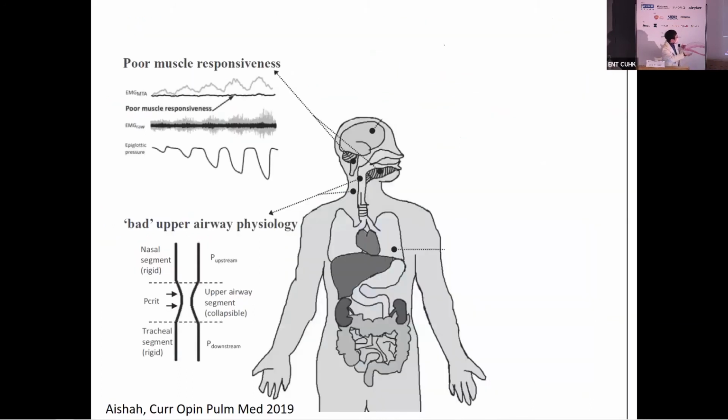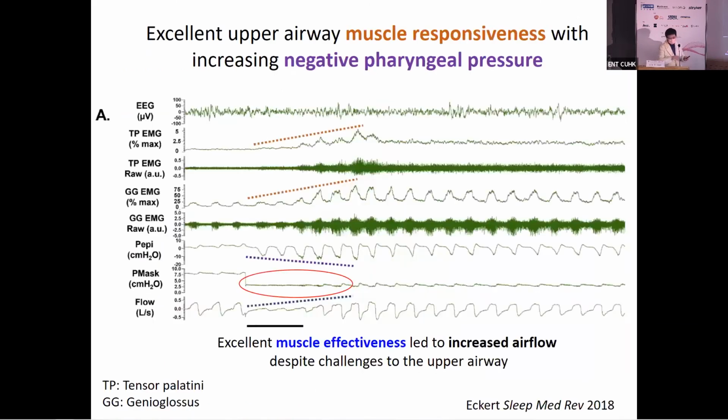So we talked about the upper airway problem, the critical closing pressure. How about muscle responsiveness? Again, in a patient with excellent muscle effectiveness, the same thing, you'll give a therapeutic pressure.